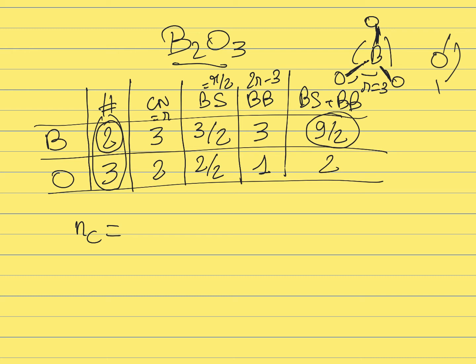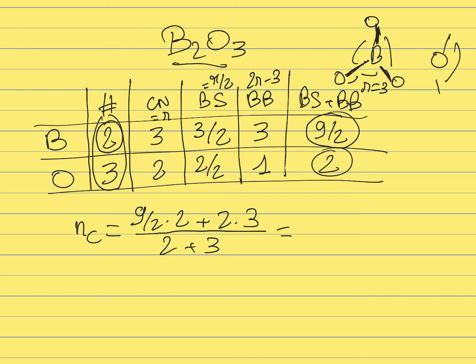So for example, in this case, you have 9/2 constraints per boron, and you have 2 boron, plus 2 constraints per oxygen, and you have 3 oxygen. That's the number of constraints per formula unit. But what you want is the number of constraints per atom. So you have to divide by how many boron you have and how many oxygen you have. So that gives you the number of constraints per atom.